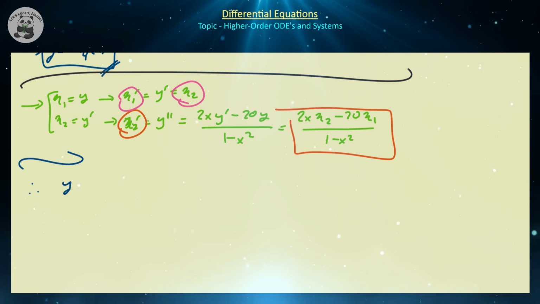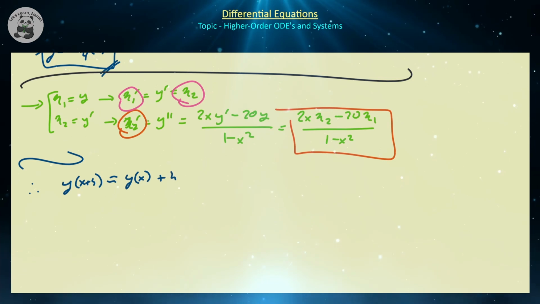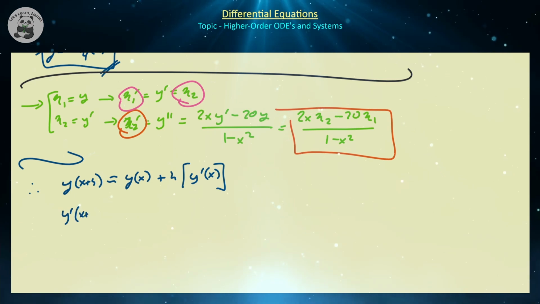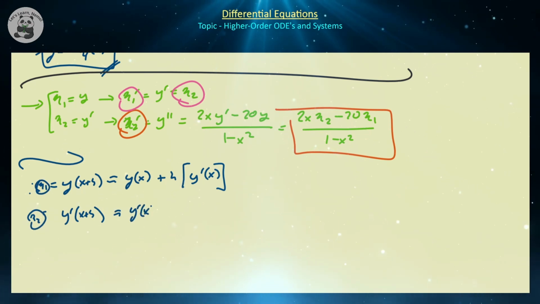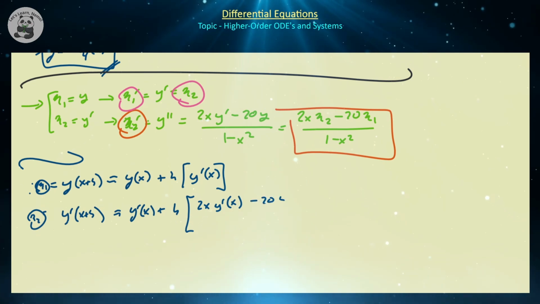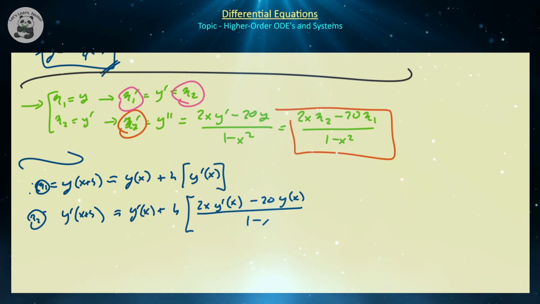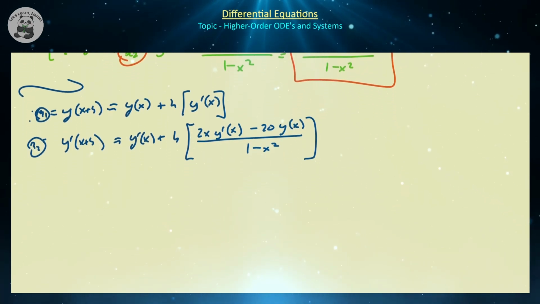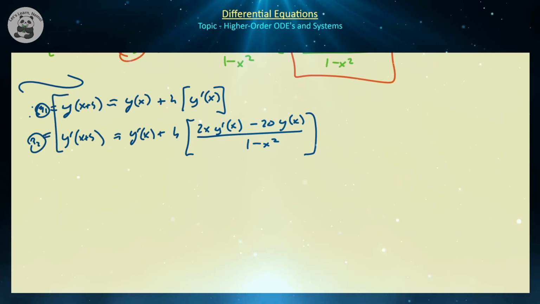So that means y of x plus h will be approximately equal to y of x plus h y prime of x, and then y prime of x plus h, which keep in mind is just eta 1 and eta 2 in disguise, is going to be approximately equal to y prime of x plus h, and then this little thing, right, which is just going to be 2x y prime of x minus 20 y of x all over 1 minus x squared.